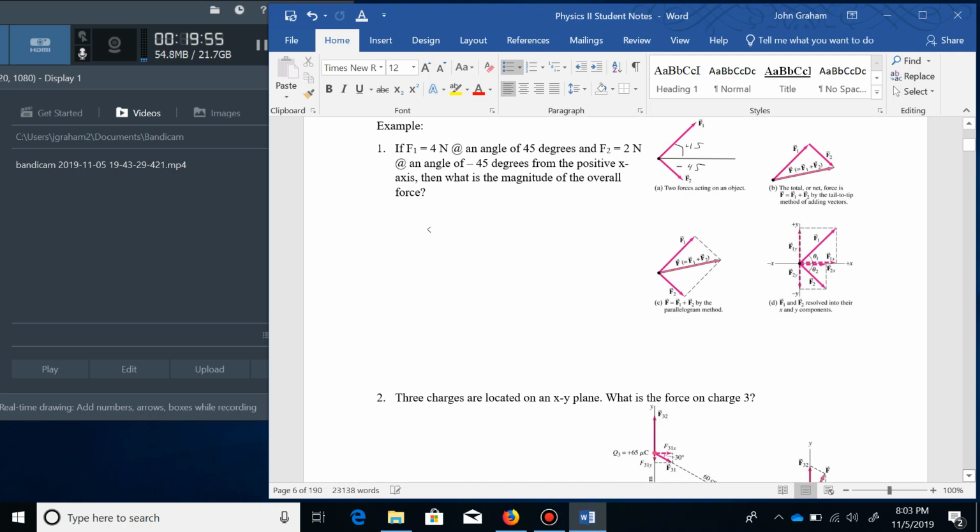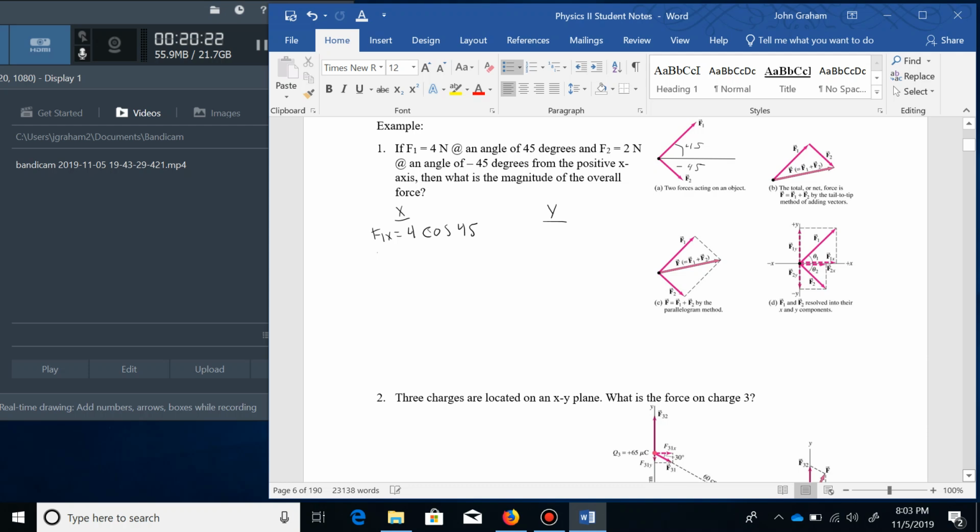And so what we want to do is split these up. We'll do x's and we'll do y's. So our f1x equals 4 cosine 45.